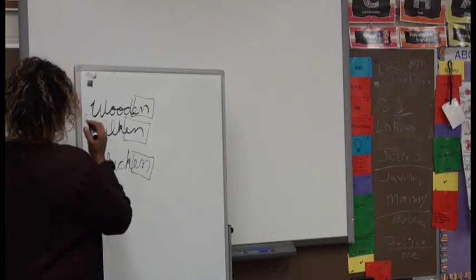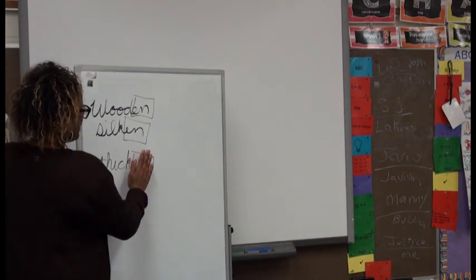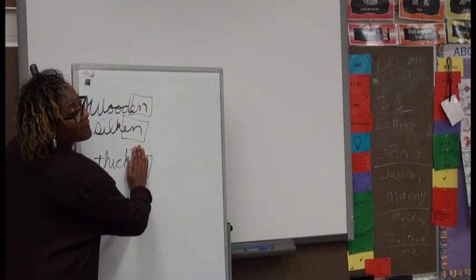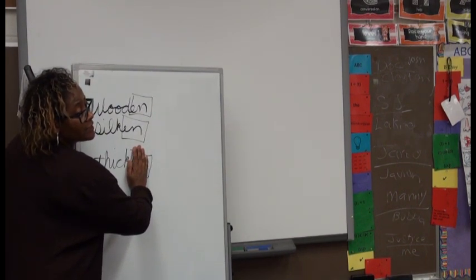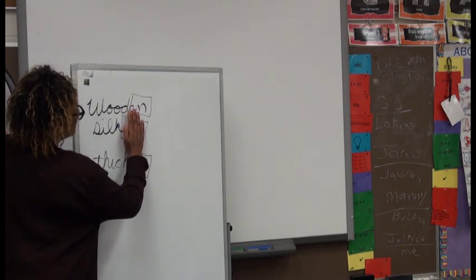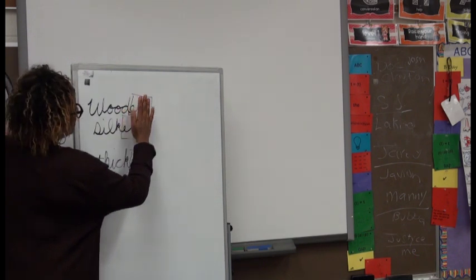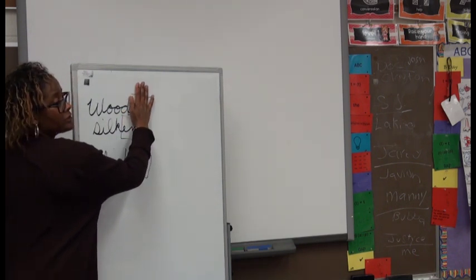And the reason we know that it's a suffix is because if we put our hands over the EN, you still have a base word. If I put it over the EN in this word, you have silk. If I put it over the EN in this word, you still have wood.